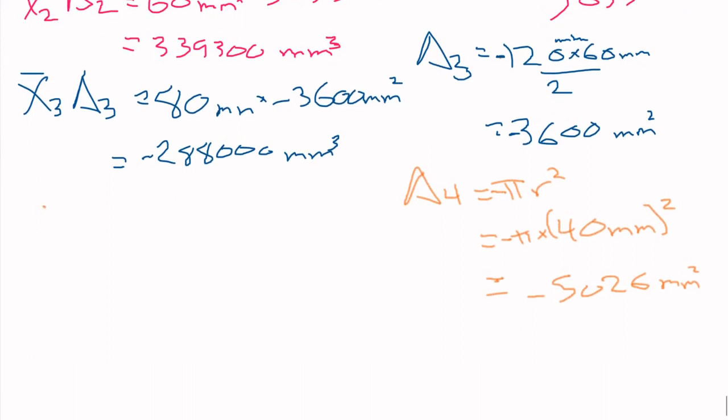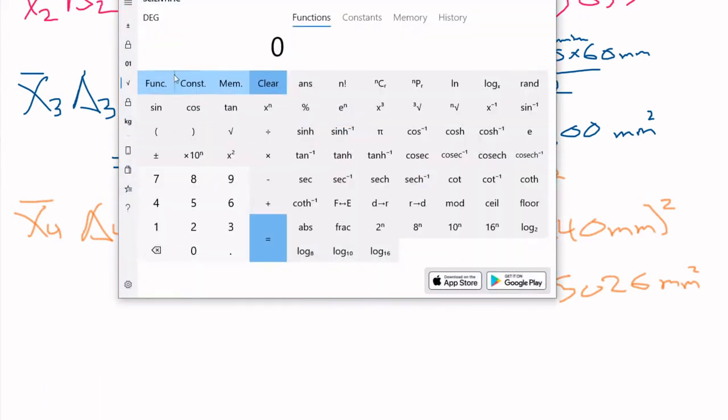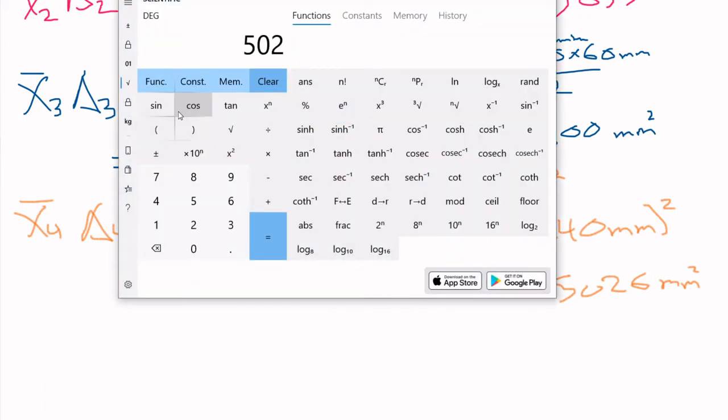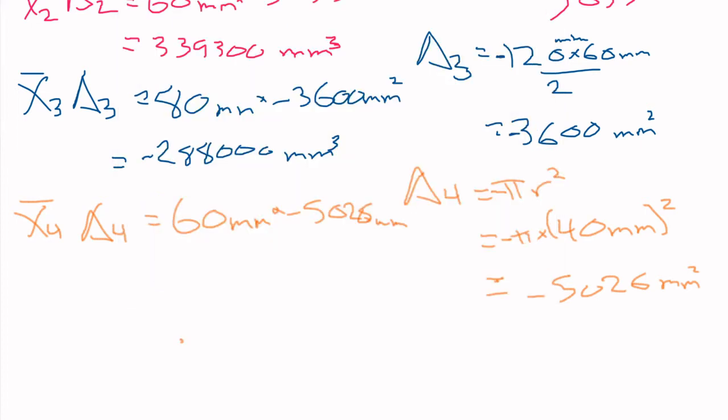And then for our fourth one, 60 millimeters for the centroid times the negative 5,026 is negative 301,560.